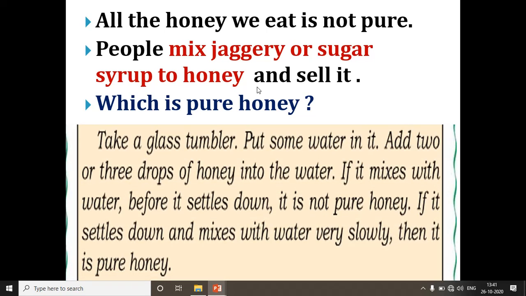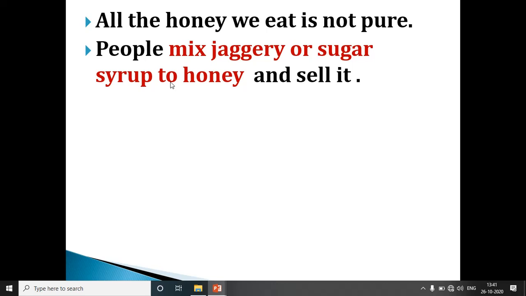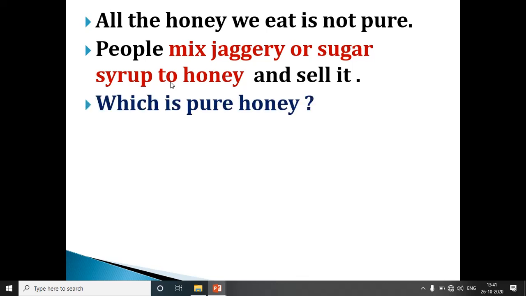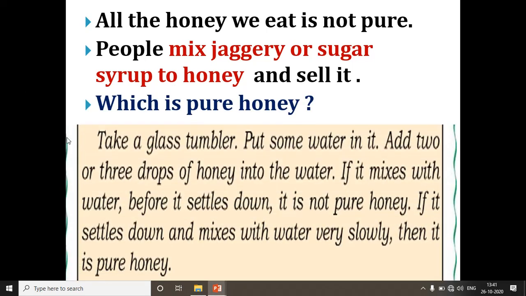Here is the procedure. If you have honey in your home, you can also do this and check whether you have pure honey or not. First, take a glass tumbler and pour some water in it.